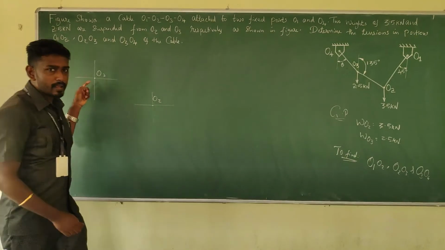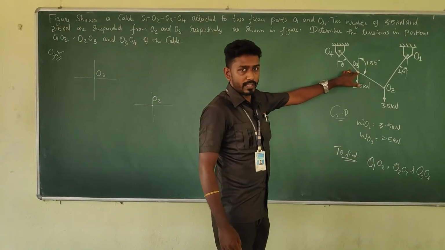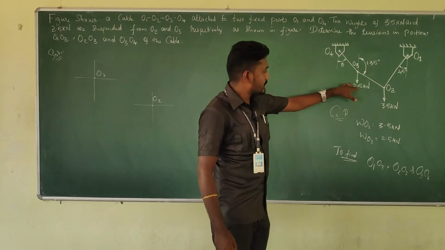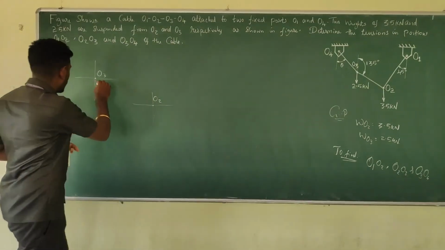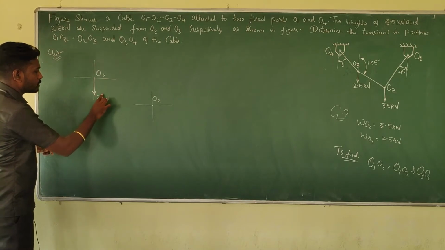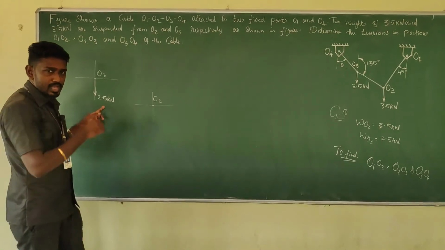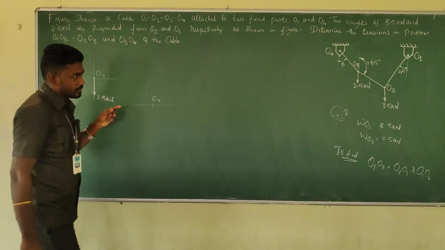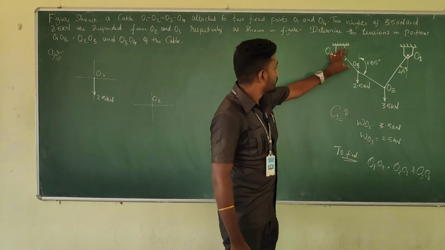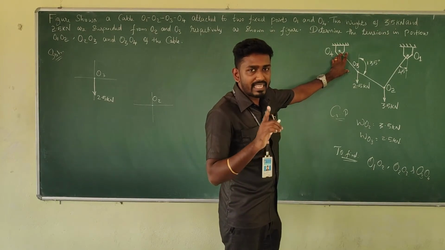Look at this. When you see O3, concentrate on the point O3 and try to identify what forces are acting. At O3, there is a weight which is directed downwards, so here 2.5 kilonewton weight is hanging down. Then from O3 to O4 there is a cable connection, so definitely there will be a tension force.